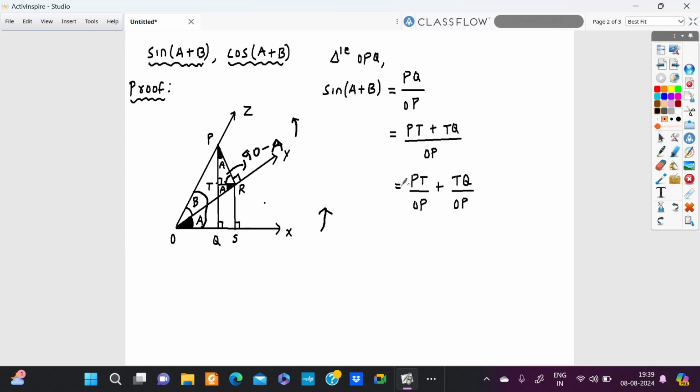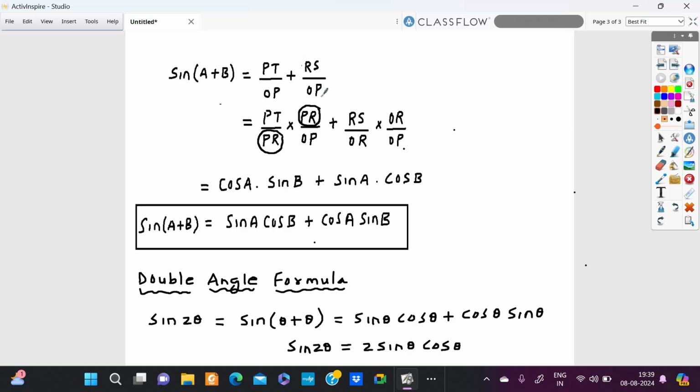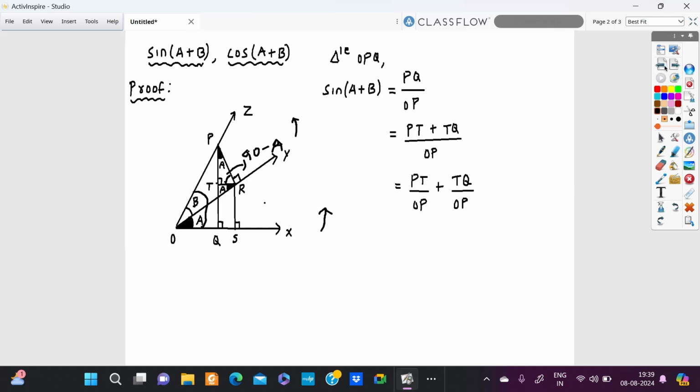Next, TQ. TQ is not even part of any right-angle triangle, so I replace TQ with RS. That is how I've written RS over OP instead of TQ over OP. Now the same logic works here. RS is part of this triangle and OP is part of another right-angle triangle. So I find a line which is common to both right-angle triangles, which is obviously OR.